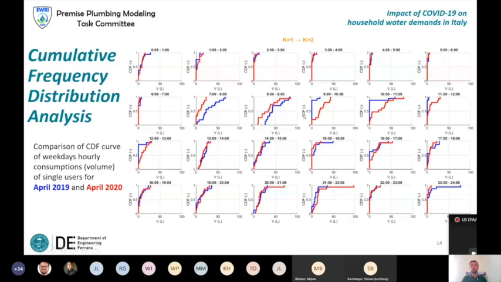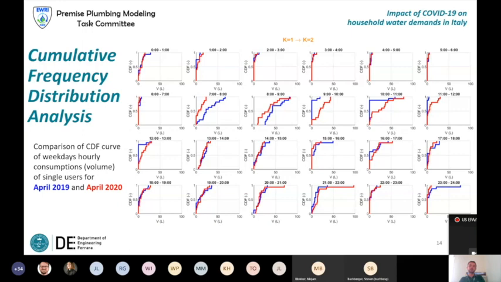But if we go on during the morning, we can immediately notice that for this user at 9 a.m., 10 a.m., he rarely used water because the cumulative frequency distribution is characterized by almost 0 values. Whereas during the lockdown period, we can observe many values different from 0, around 50 or 70 liters per hour.